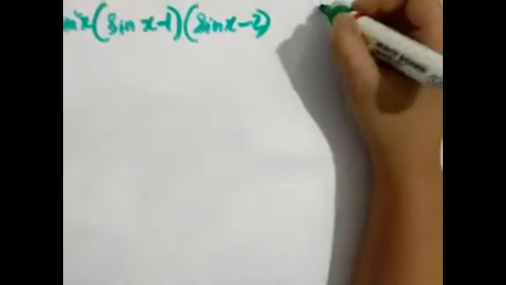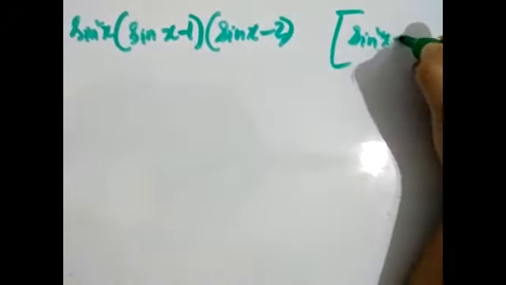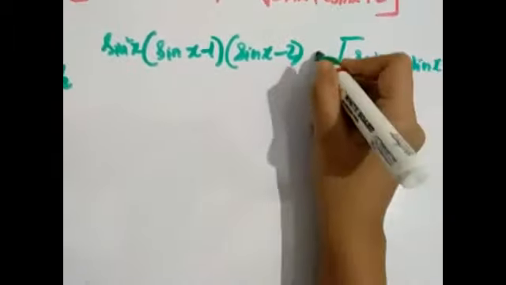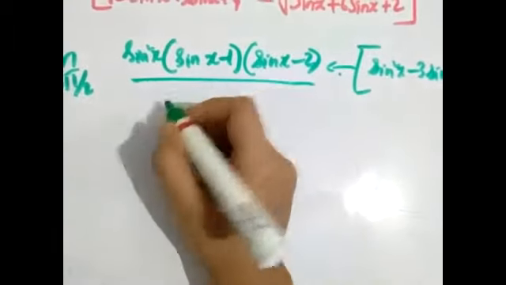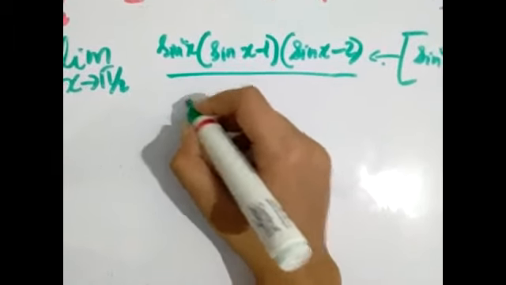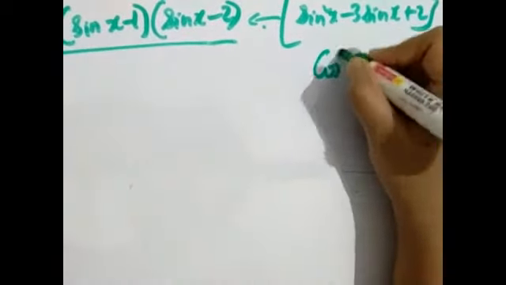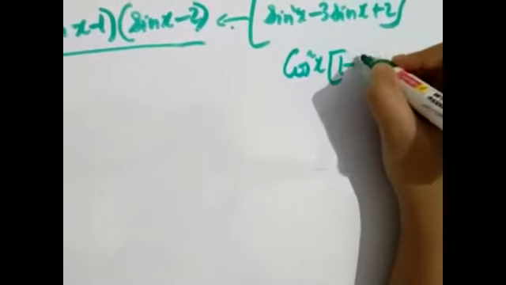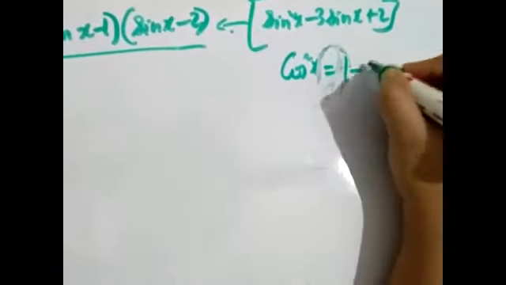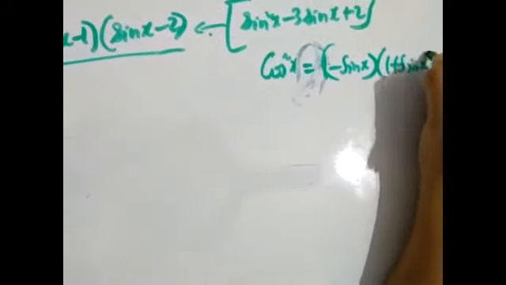I factorized sine square x minus 3 sine x plus 2, and I got this, okay, divided by, instead of cos square x I can write 1 minus sine x and 1 plus sine x.